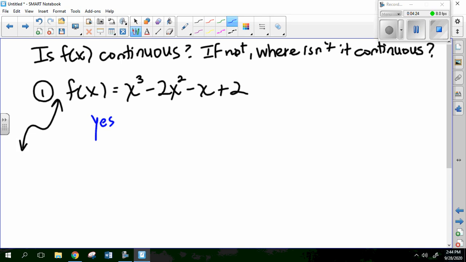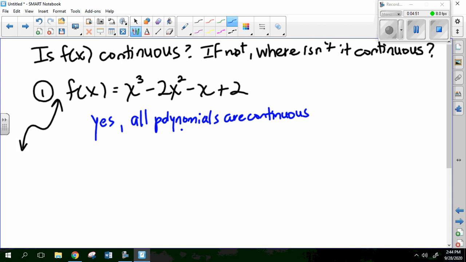Obviously yes, and if you want to know why, it's because all polynomials are continuous. We could pick an infinite number of C values and check those three conditions at every single one, and they would all work.